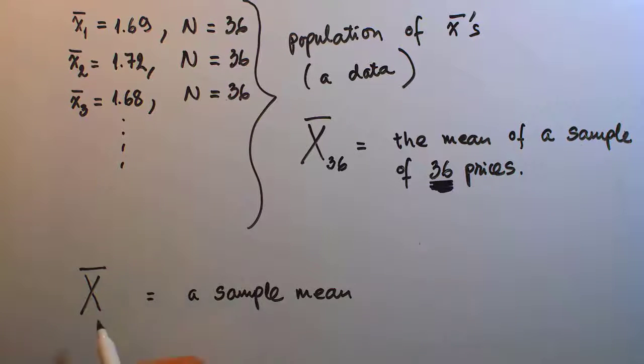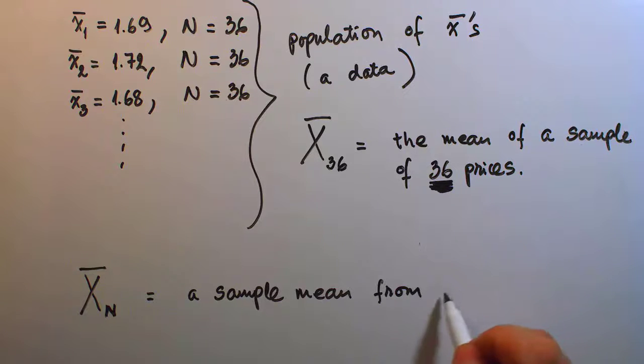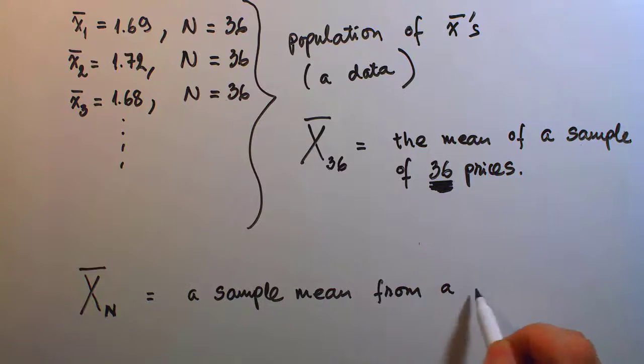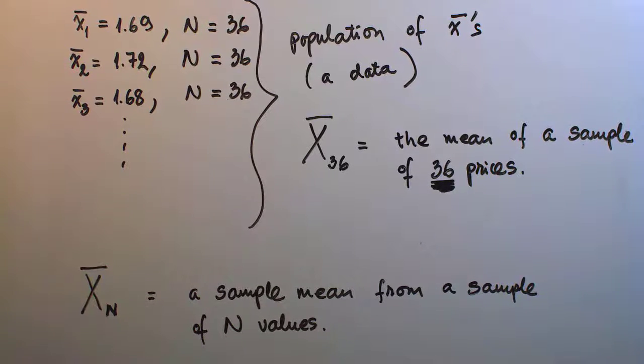But throughout my years teaching, I always put a subscript n right here, so capital X bar with the subscript n represents a sample mean from a sample of n values, or n entries sometimes.